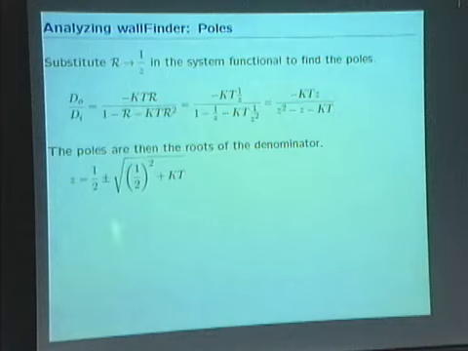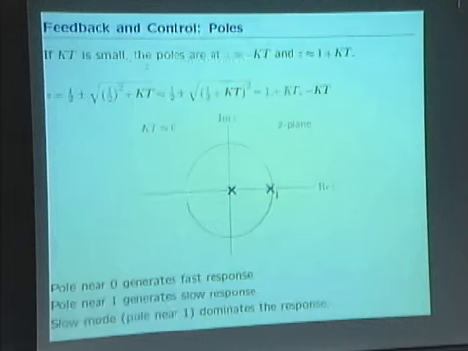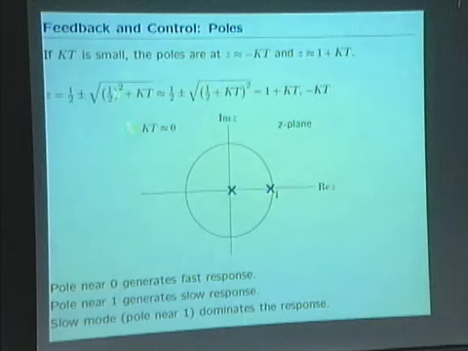So for general KT, when KT is small, if KT is about 0, then I'll go ahead and simplify that a little bit to say KT could sneak inside the, KT and KT squared aren't so different. We're going to sneak it inside here. And then you can see that the poles end up, around K equal to 0, you get a pole at the origin, but you also get a pole up by the unit circle, right? A 1 and around 0.